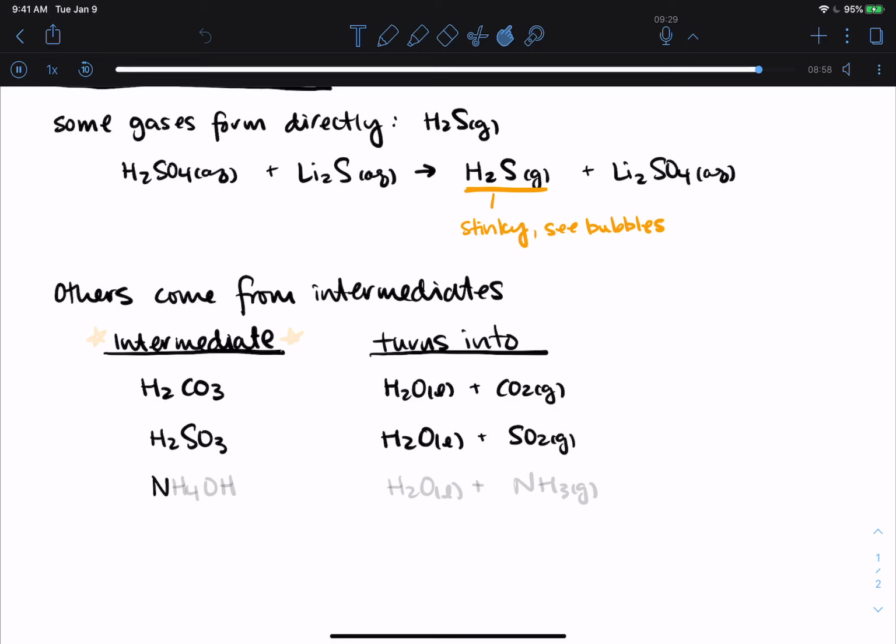If you make NH4OH, right, ammonium hydroxide, it will turn into liquid water and NH3 gas. All right, these are the only three in addition to H2S that I would like you to know turn into gases, and especially for the intermediates, watch out for these because these are easy to skip over.